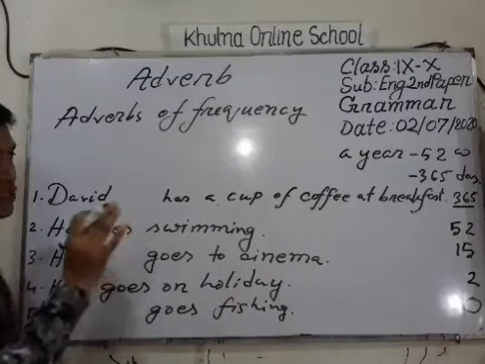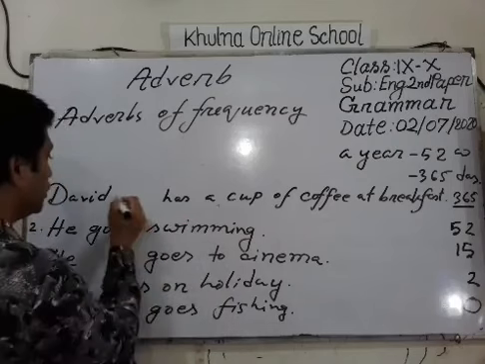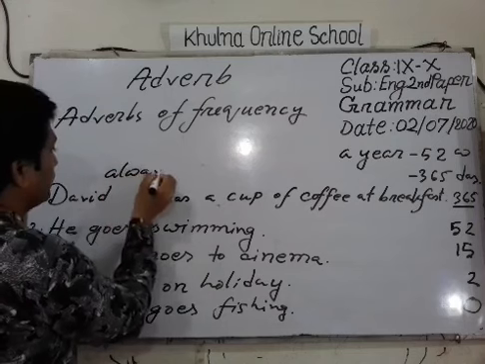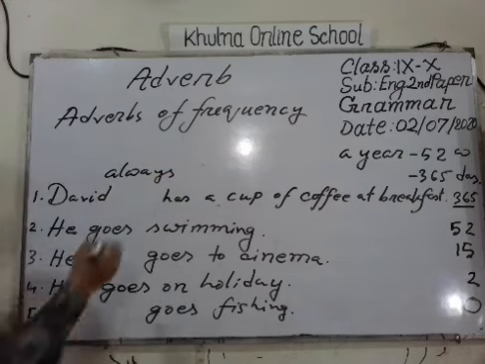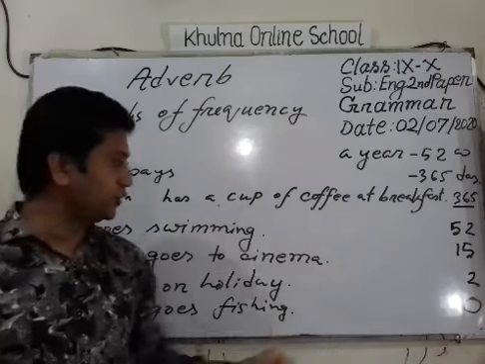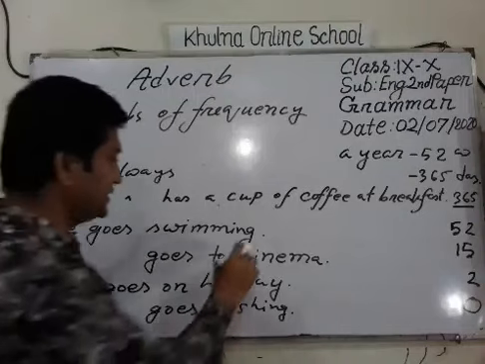As this is 365 days, we can write always, all the time. Next, he goes swimming 52, that means every week.